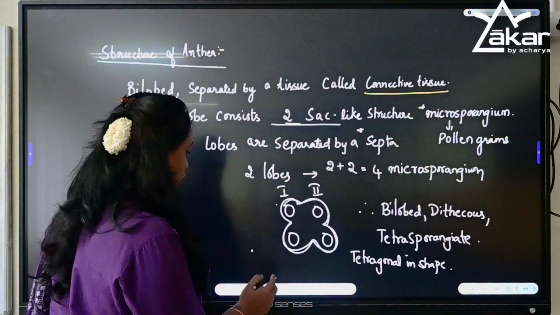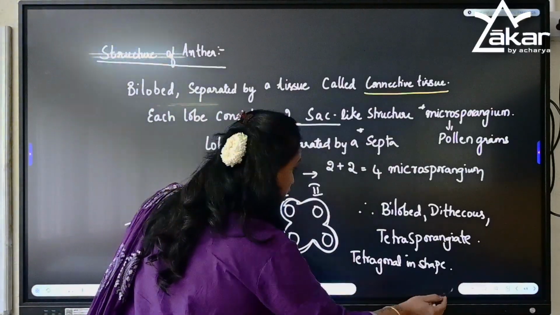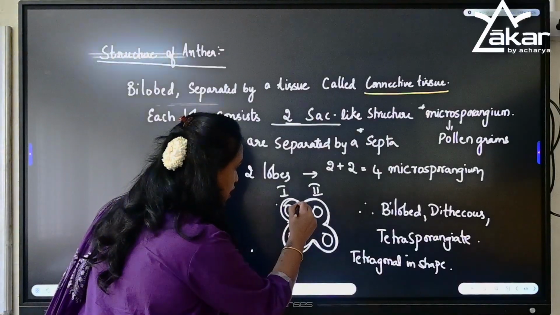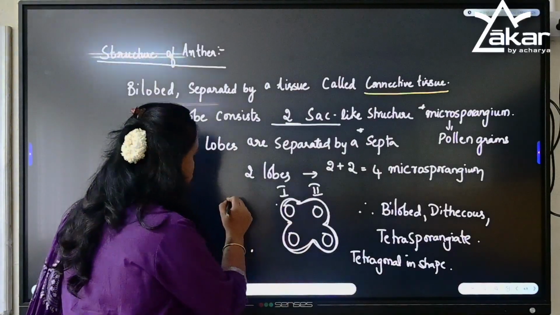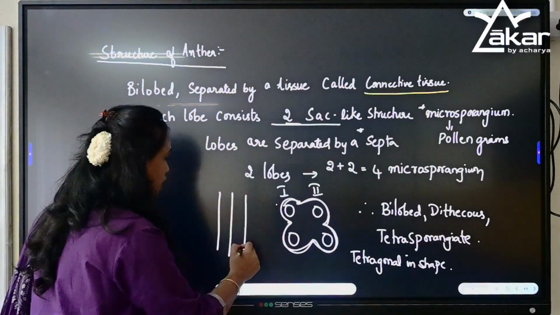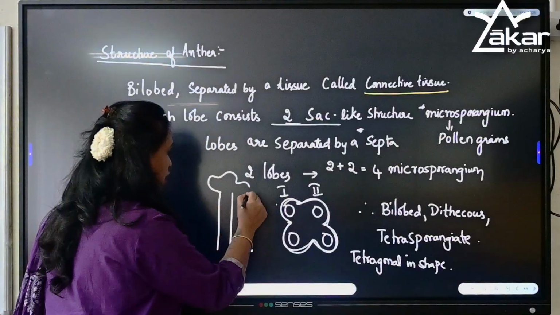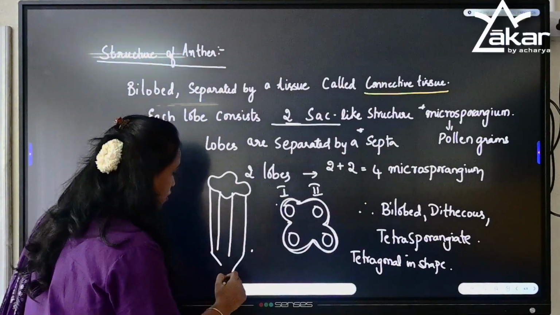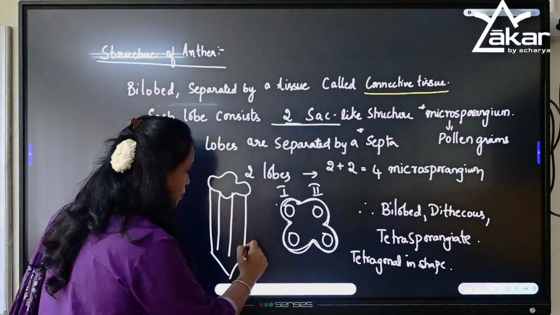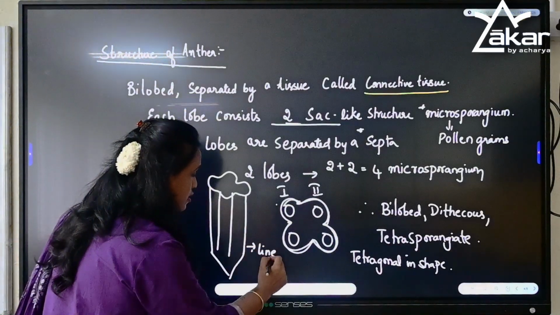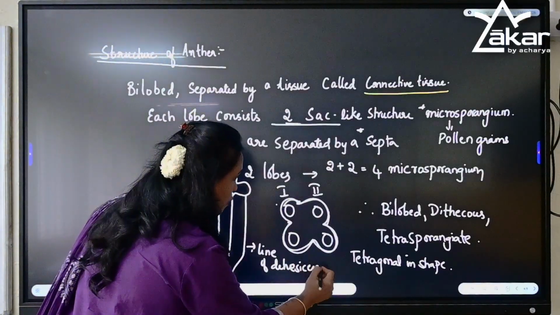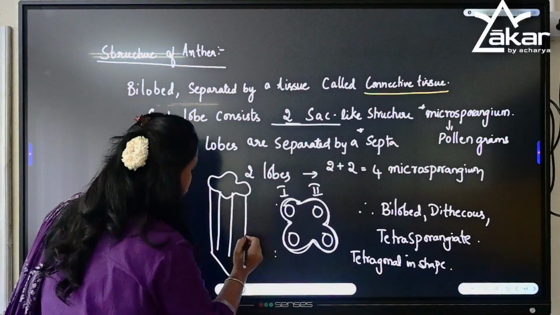And if you look at the diagram in the NCERT, here this groove what we are seeing will run throughout the length of the anther. So this is also the possibility for the line of dehiscence. Why will it help as a line of dehiscence?